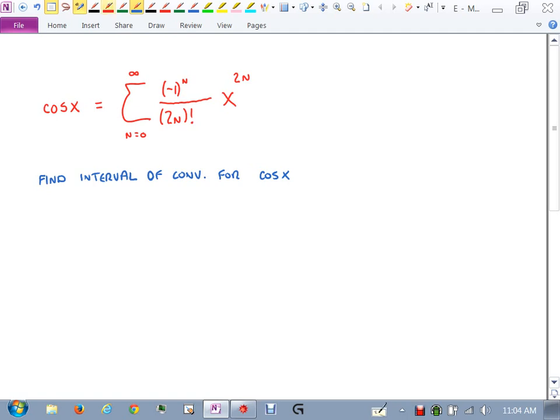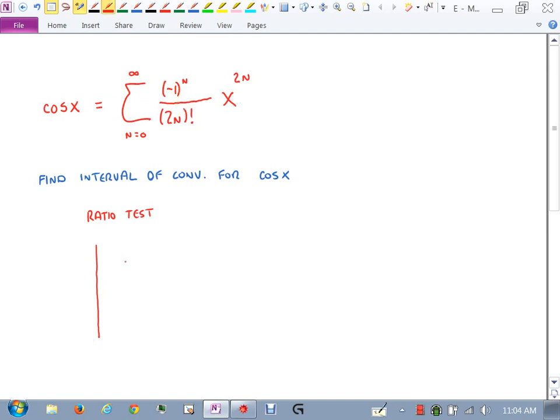The ratio test will be the absolute value of a sub n plus 1 over a sub n, which we already know you do the reciprocal thing. So do I need the negative 1 to the n? Do I really need that? It's going to go away, so it won't matter.